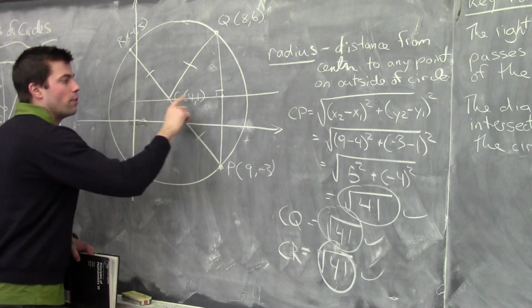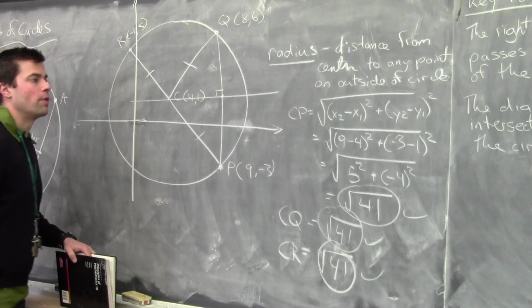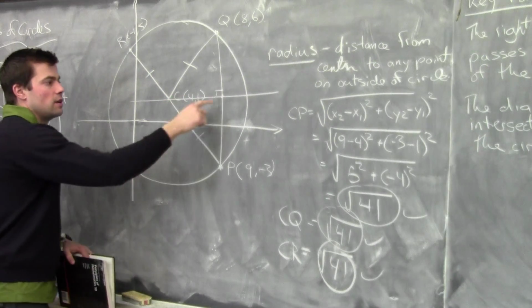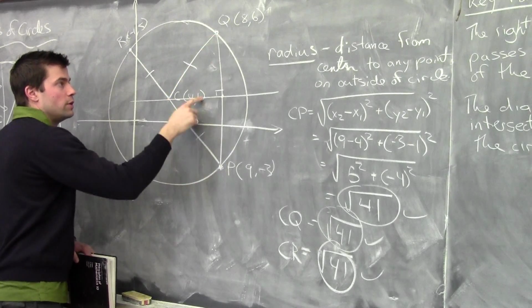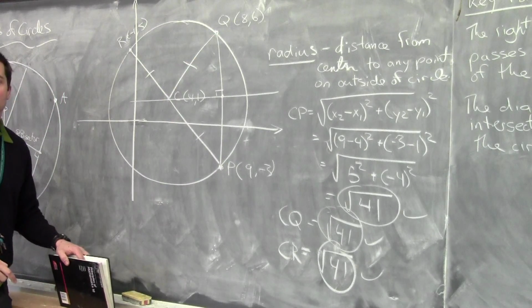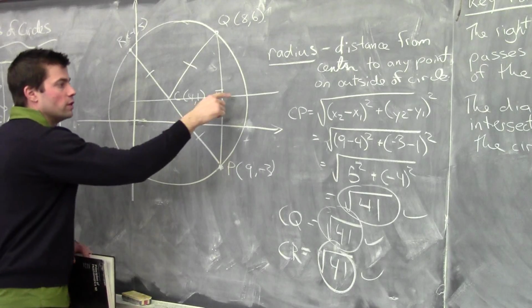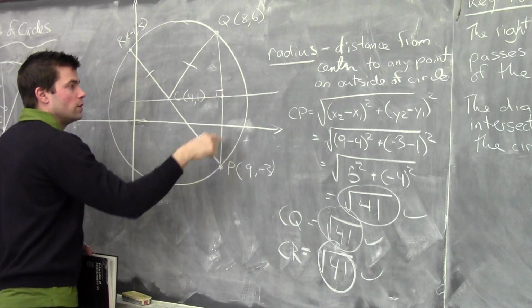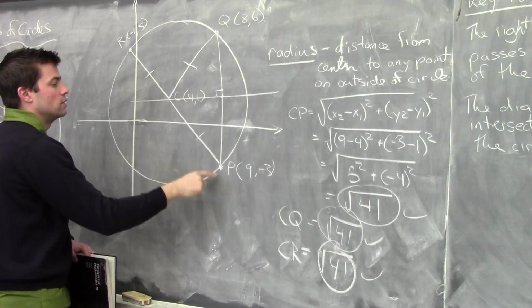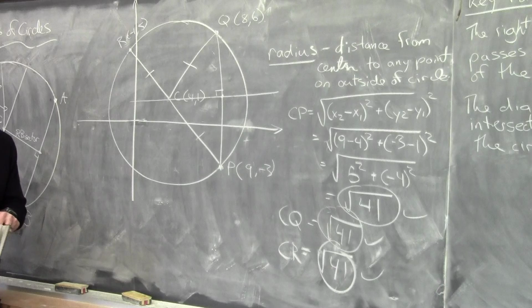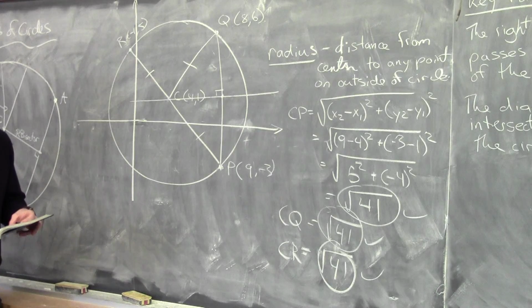Remember, one of the properties of a right bisector is that it contains all of the points that are equidistant from P and Q. You guys remember that? Equidistance? So this point is equidistant from PQ. This point is equidistant from PQ. The center point is equidistant from PQ. Does that make sense?